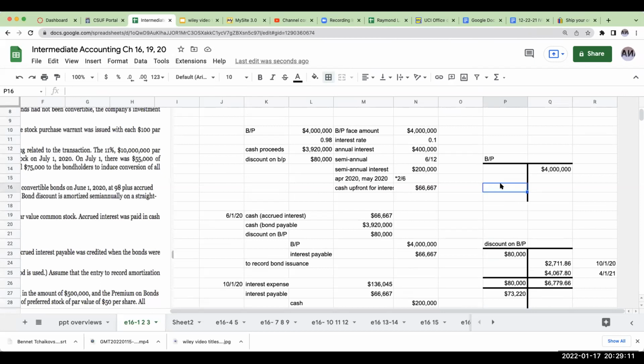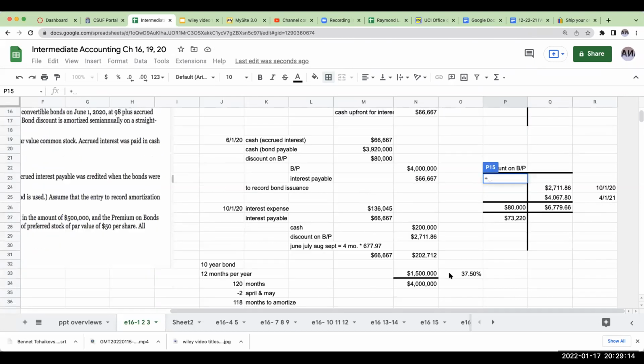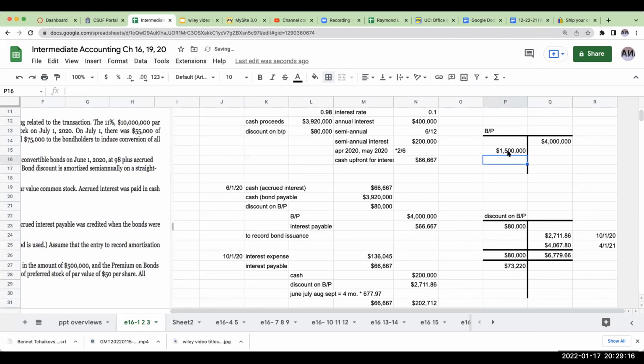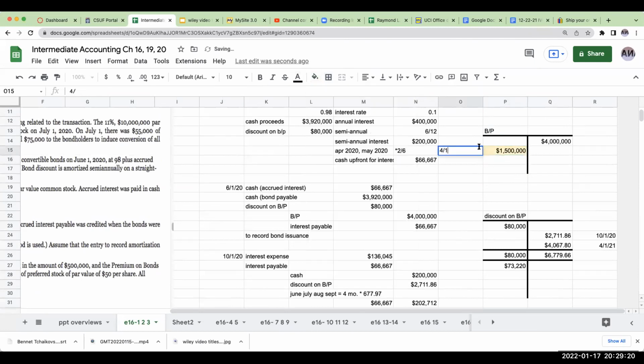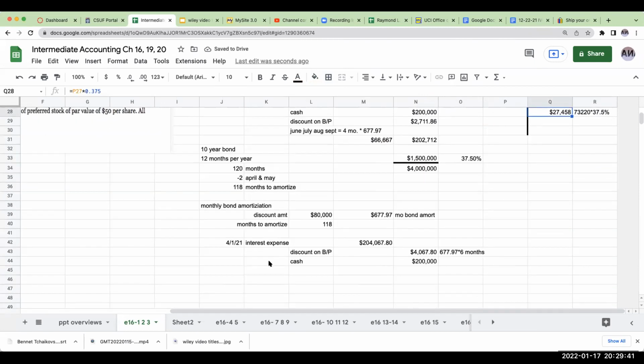So what I'm going to do over here, because my bonds are being converted, I'm going to go ahead and debit bonds payable over here on 4/1/21 for that amount of the conversion. Over here, I'm going to be crediting my discount on bonds payable by 37.5% or $27,040.58. Okay. So to take this off, basically record the conversion.